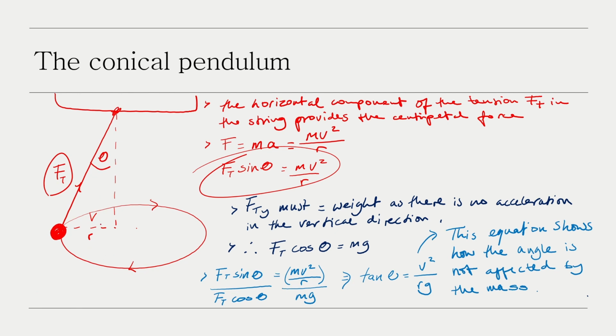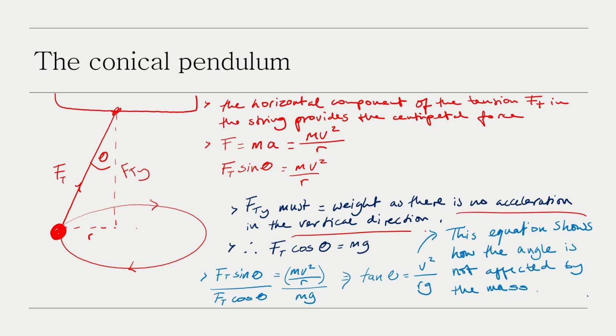If we take that further, we can talk about the vertical component of our tension force, which is Fty, and that is equal to weight. The magnitude of the weight is going to be proportionate to the magnitude of the vertical component of the tension force. We can say that because we're assuming that there is no acceleration in the vertical direction.